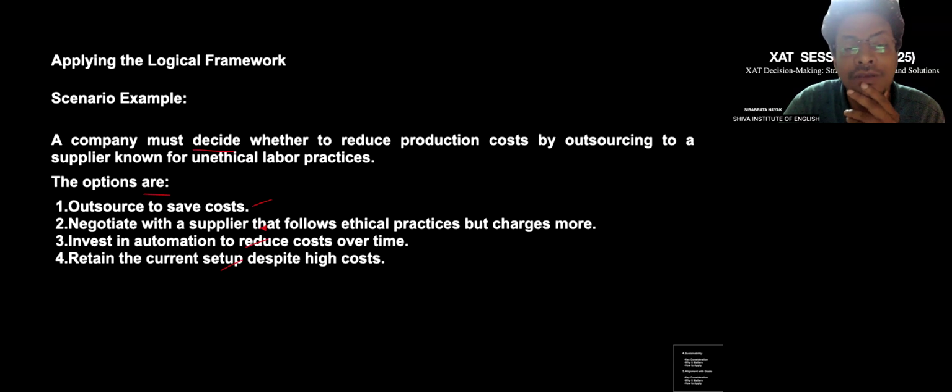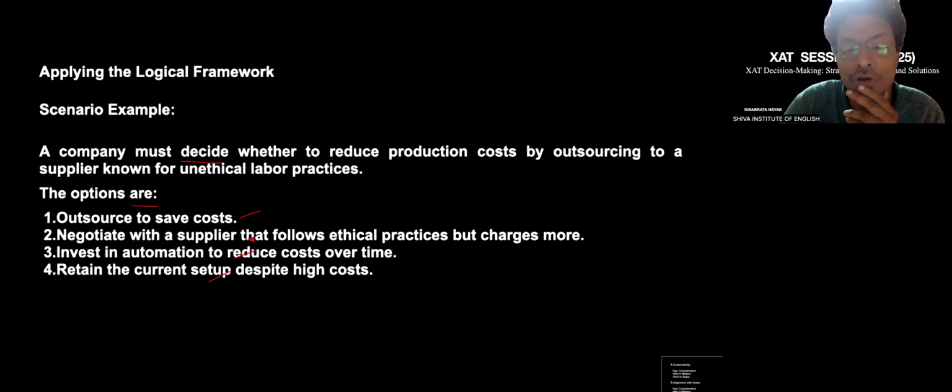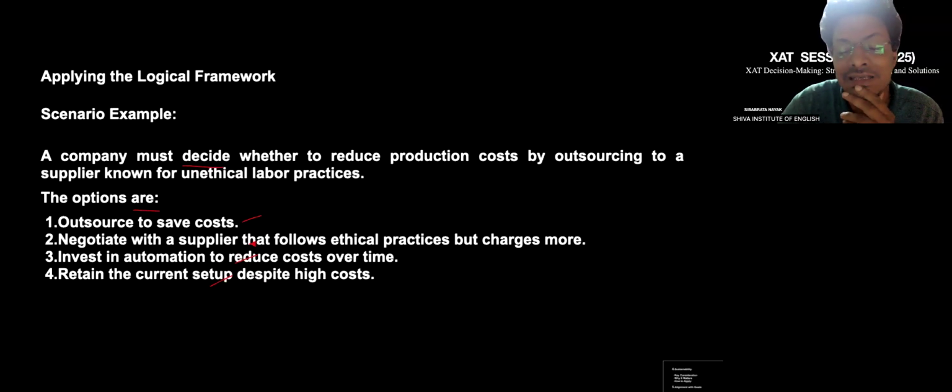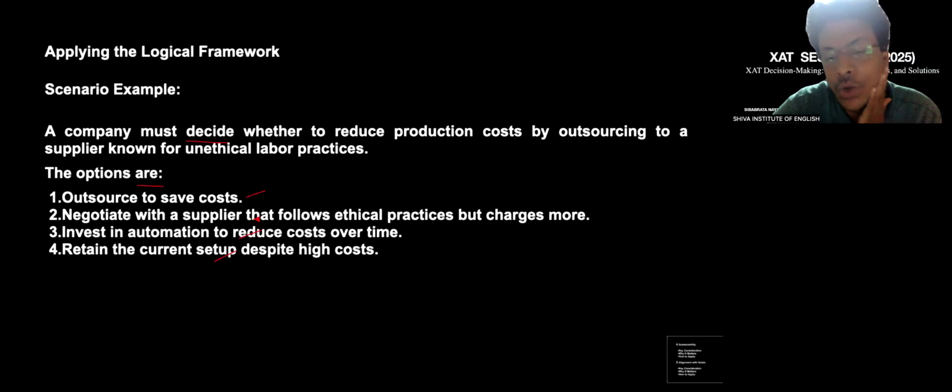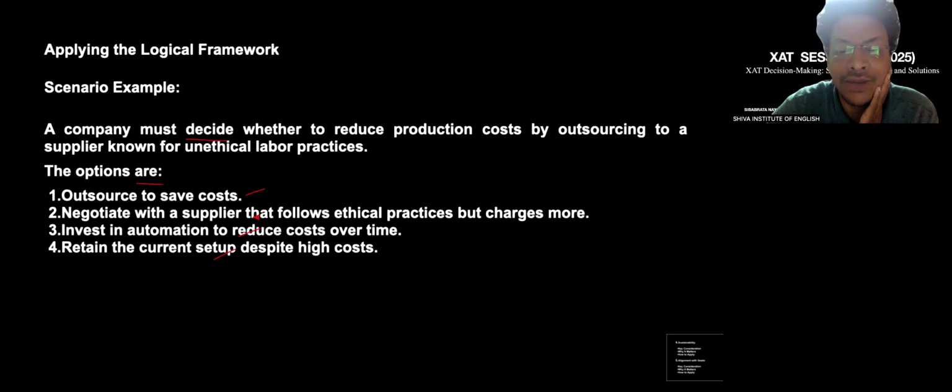Third, invest in automation to reduce cost. In this case, if I talk about sustainability, we can say that it's a short-term gain only, right? Then the fourth one, alignment with goals, right? So for the first one, ethics is nothing but violating.